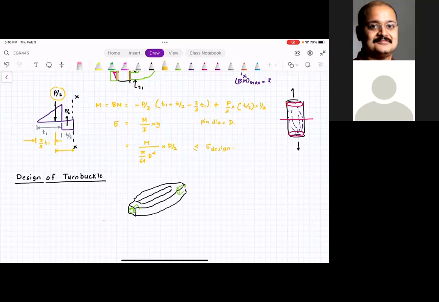And then you have screws over here, and you have screws over here. So now here is what happens. If you rotate the turnbuckle in one direction, both the ends, for example this rod and this rod, come together, they come closer. If you rotate the turnbuckle in the opposite direction, they go away.